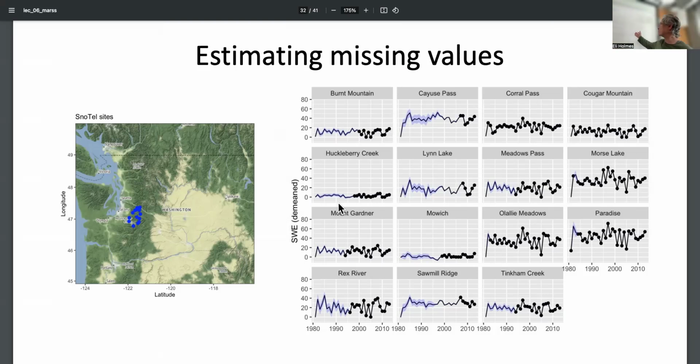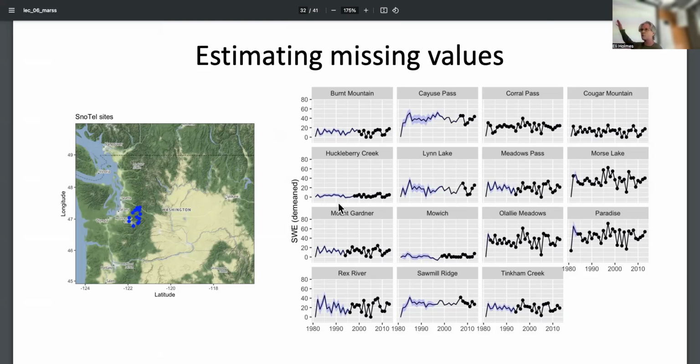And we can use that to make estimates of what the SWE is for these other years. And now you have an intelligent estimate of the missing data, rather than doing something like, I'll just say that it's the mean or something like that.